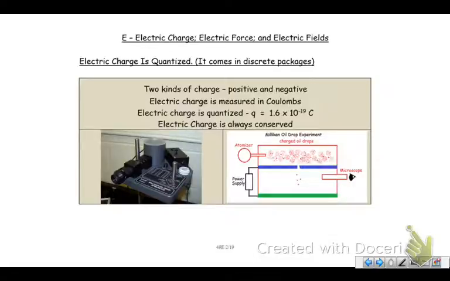Millikan, this was the first time really that there was an experiment done by an American, and the rest of the world said, "Whoa, this is really good." What Millikan did was he basically found a way of figuring out the charge of the fundamental amount of charge you can have.